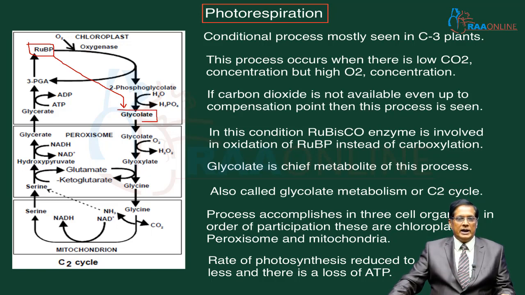This glycolate is transferred to peroxisome, where its oxidation takes place and an amino acid is generated, that is glycine. Glycolate undergoes oxidation, formation of glyoxylate, and by the union of an amino acid, glycine is formed.